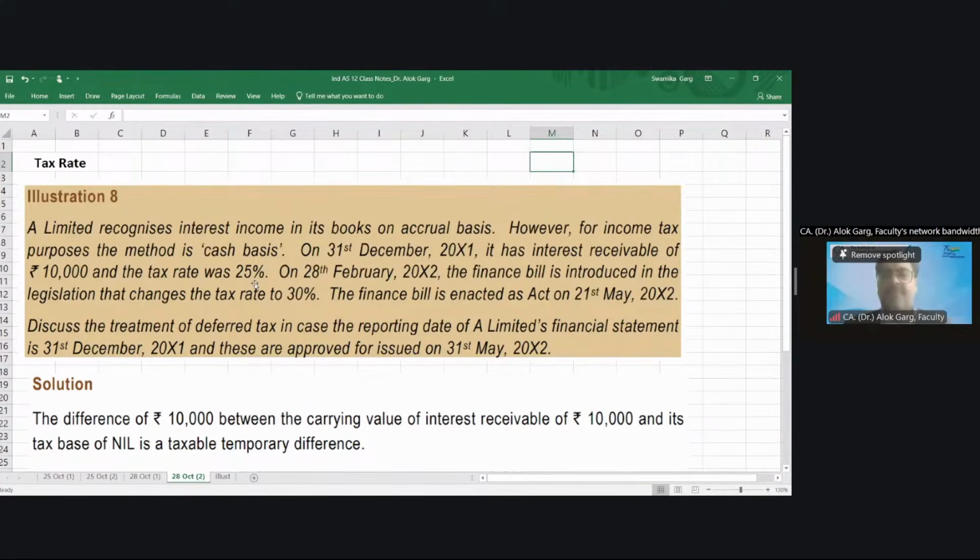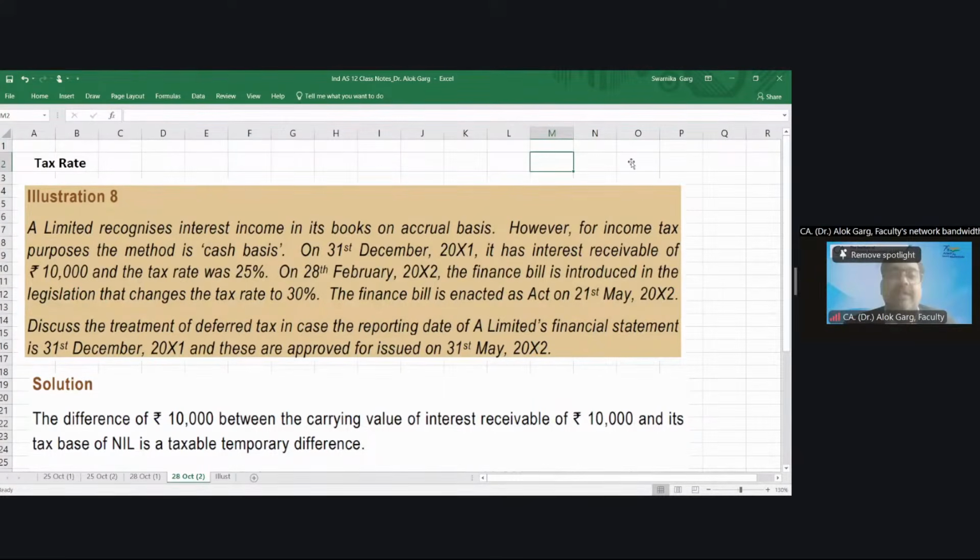But on 28th February, what happened? The finance bill was introduced in the legislation which is changing the tax rate to 30%. But this finance bill is enacted on 21st May 2002.